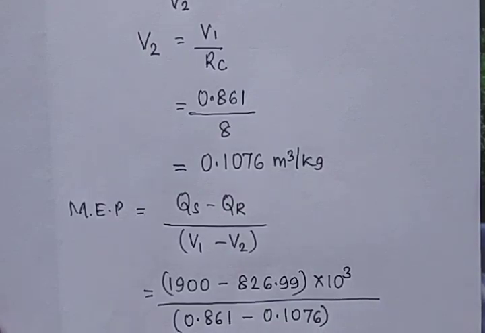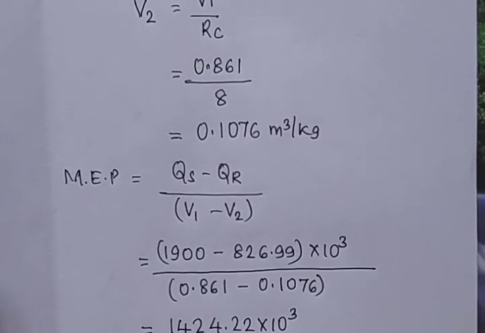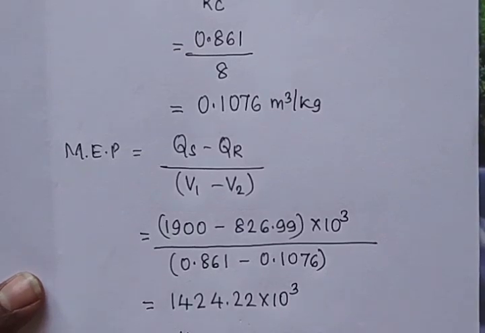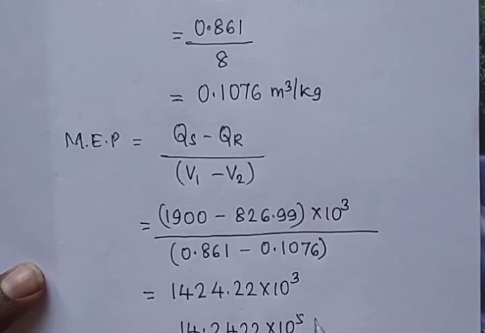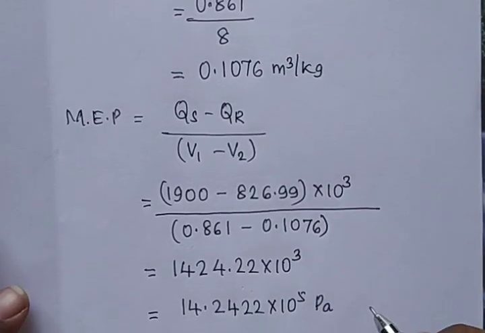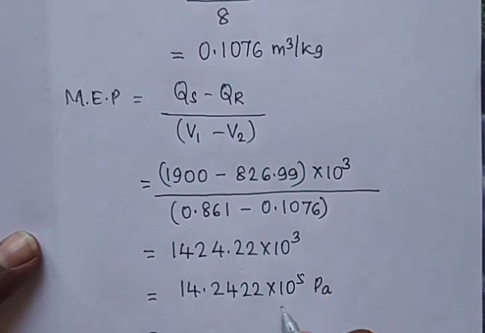So substitute these values, solve, we will get the answer as 1424.22 into 10 to the power 3. So you can convert this into 14.2422 into 10 to the power 5 Pascal or Newton per meter square, or 1 into 10 to the power 5 Pascal is bar, that is 14.24 bar.